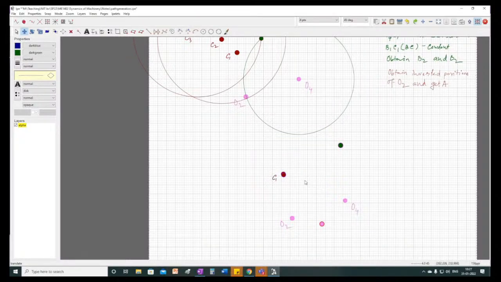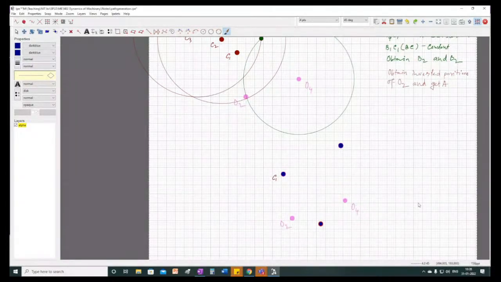Not exactly matching, you can see here some problem is there. So let me try a little bit more. It is almost matching, so I have to now place it this way. Okay, they are matching now. So for this position now, if I change the color to blue, so this is now we have the new O2 point.